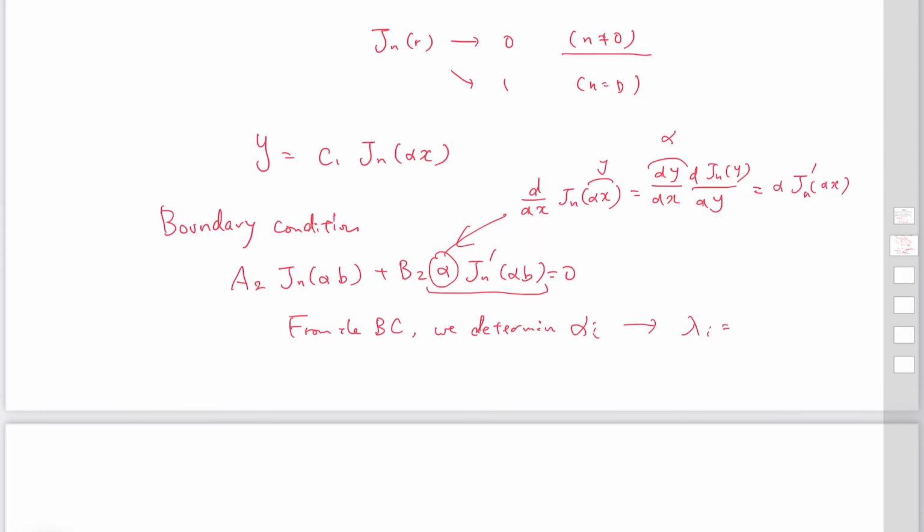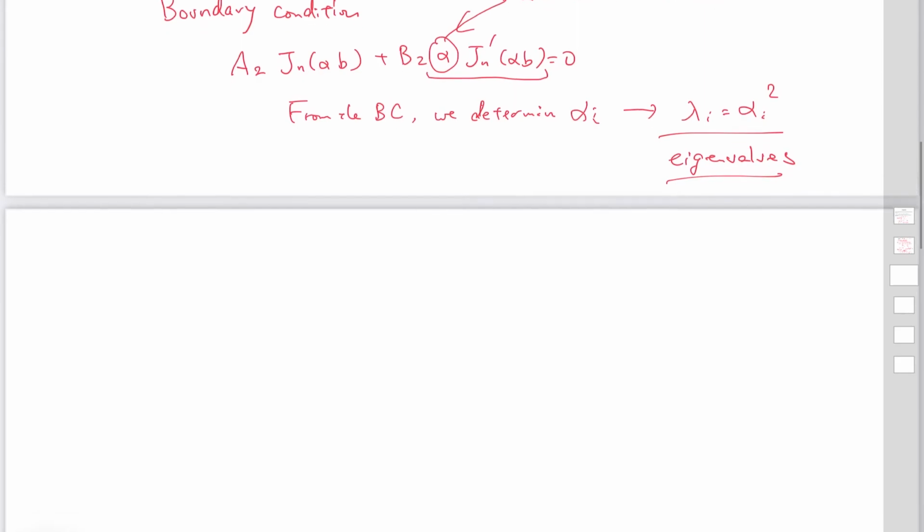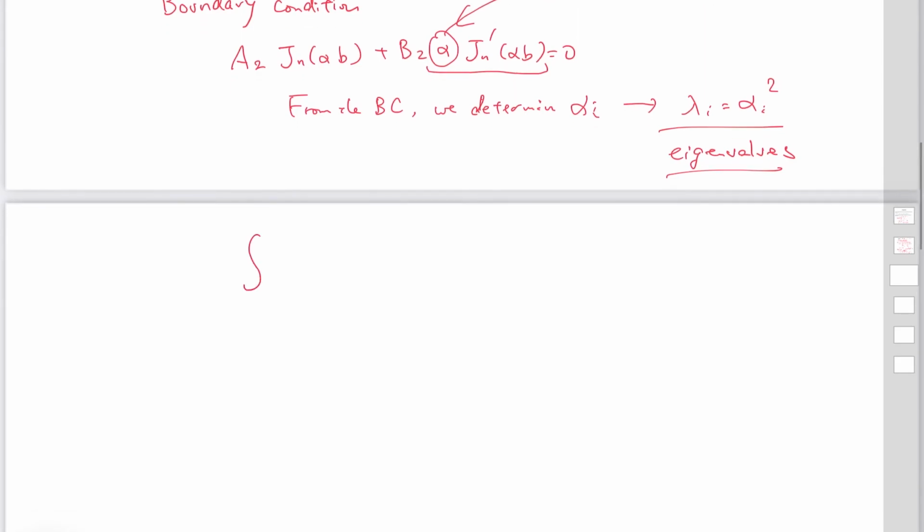Lambda sub i is given by alpha sub i squared. These are the eigenvalues. The orthogonality relation is expressed as an integral from 0 to b, with inner boundary at x equals 0 and outer boundary x equals b, of x J sub n of alpha sub i x times J sub n of alpha sub j x dx.